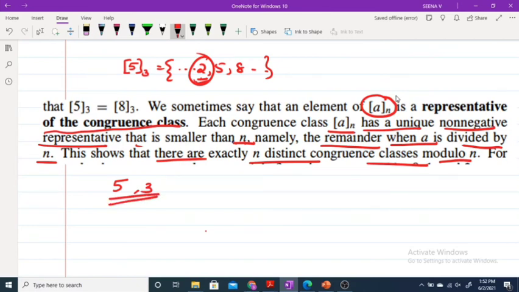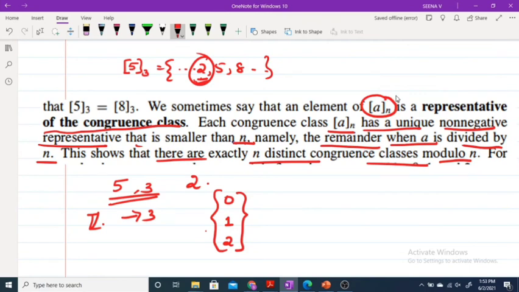It's the remainder 2. Now, if you consider any integer z, what will be the remainder obtained when it is divided by 3? It may be 0, it may be 1, it may be 2. So that means we have 3 distinct congruent classes modulo 3 here.